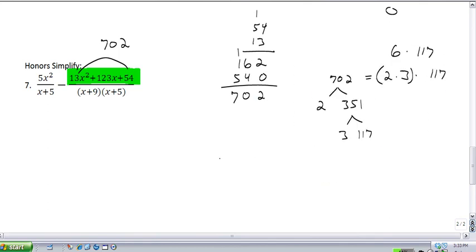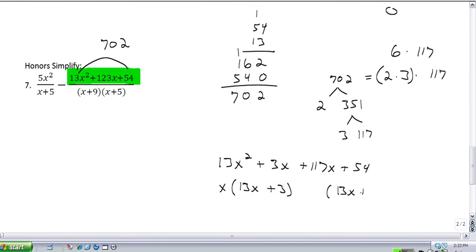okay, we're going to go 13x squared plus 6x plus 117x plus 54. So all you can take out is an x. So x times 13x plus 6. There's going to be another 13x plus 6. Okay, so what did we take out? What times 3 is 54?